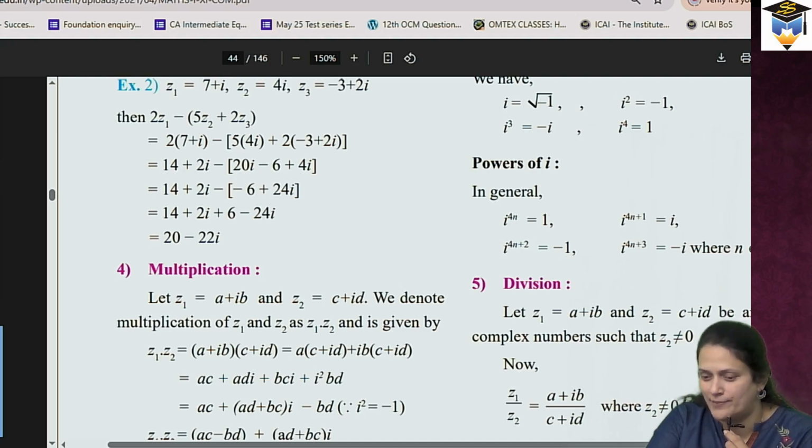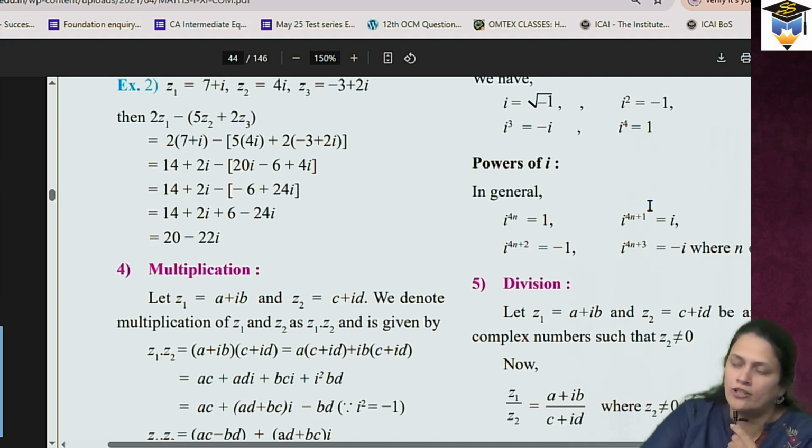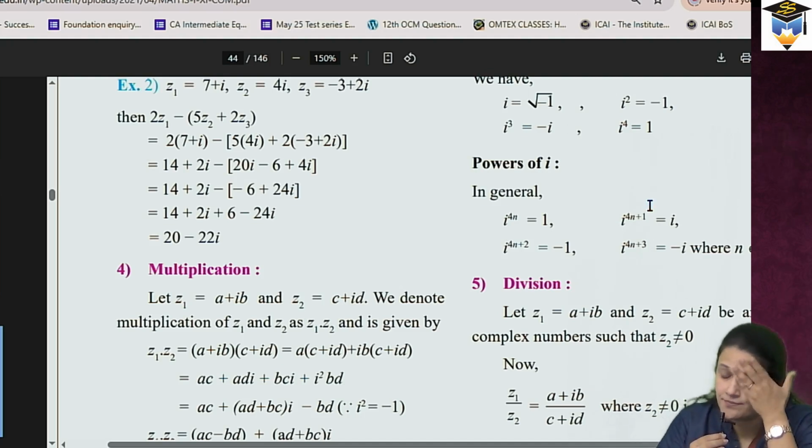Okay, now multiplication. Before that, can you see the powers of i which is written over here? I want you to write them down. i raised to the power 4n, that is i raised to an even number, is equal to 1. i raised to 4n plus 1 means when the value of the index is an odd number, i raised to an odd number is always i.